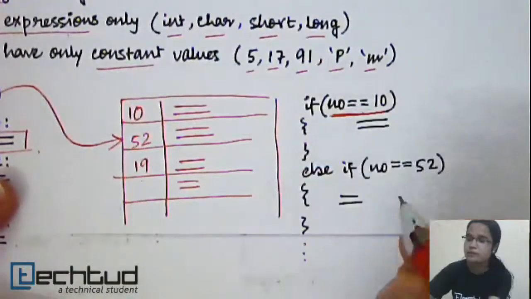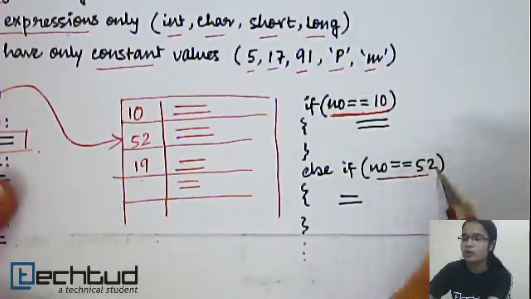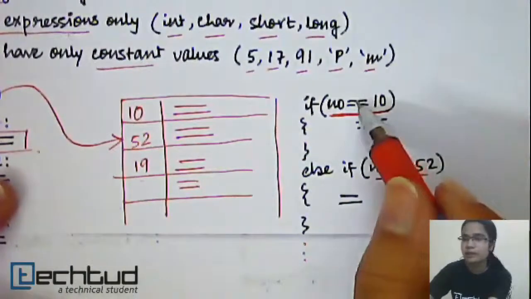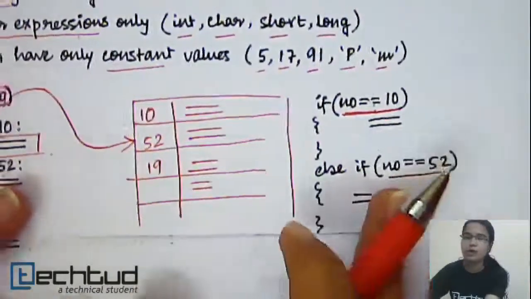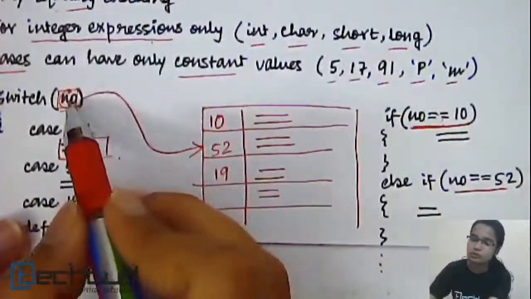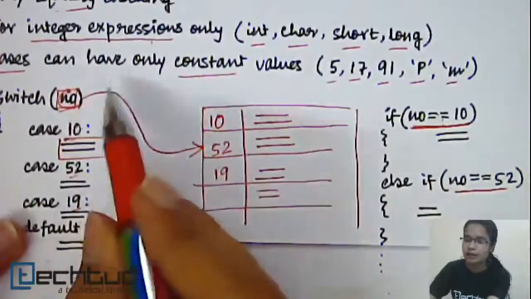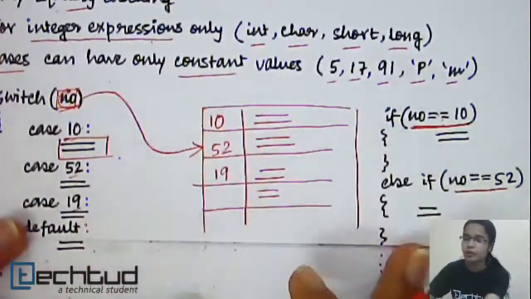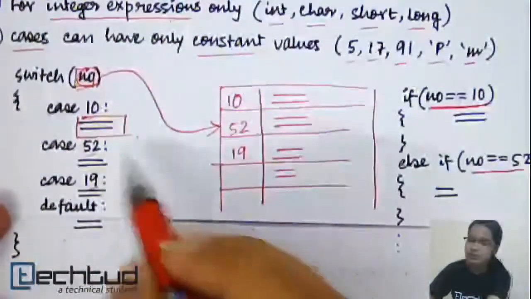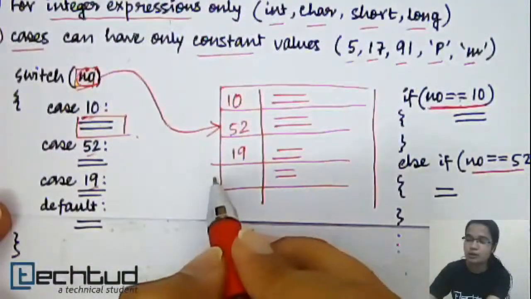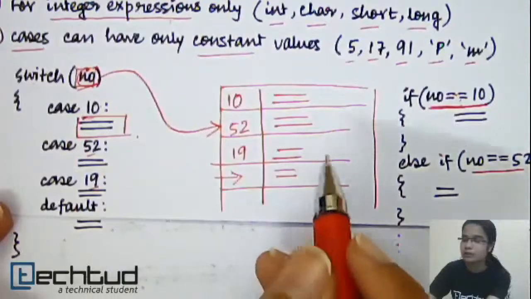If it is not satisfied, then it will go here. So the control will take a longer time to come to this place, whereas for switch case the control will go directly to the particular index 52, directly to the particular value. If the case is default, then it will go to the default index, right?